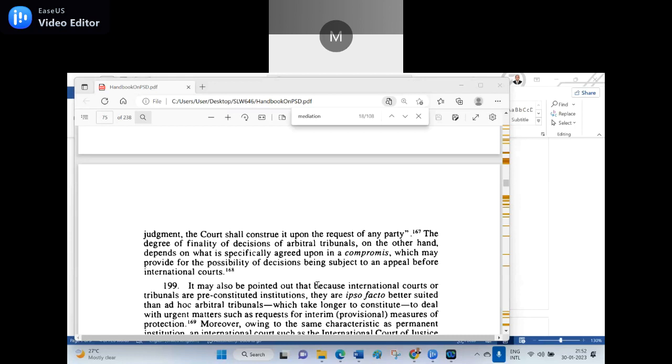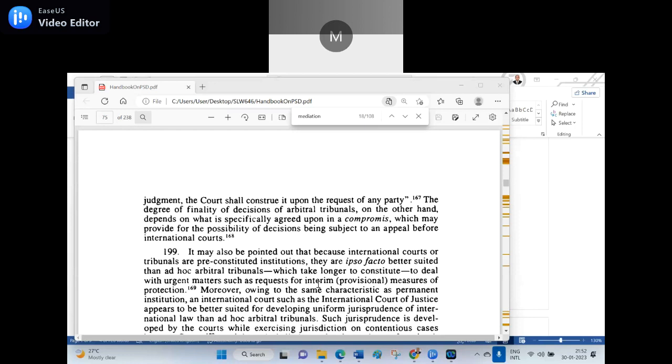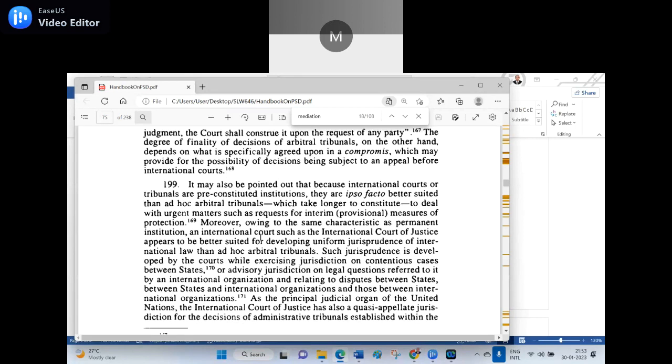They want to reconcile and see that the parties agree to a particular point, and they will decide the case, and the case will be no more; it will be disposed of. International tribunals are always in the compromise mode. But in the International Court of Justice, they will look at the substantive law and interpret the law where the parties have agreed to the contract, by following the contract agreement.